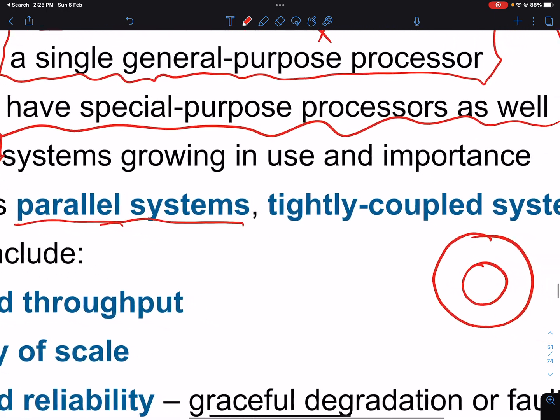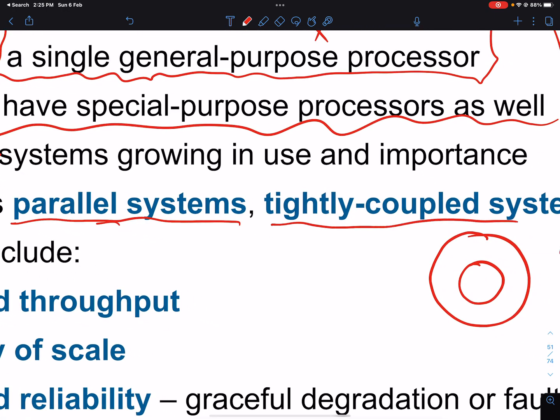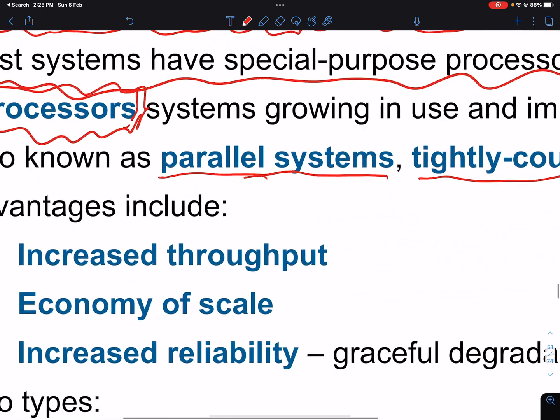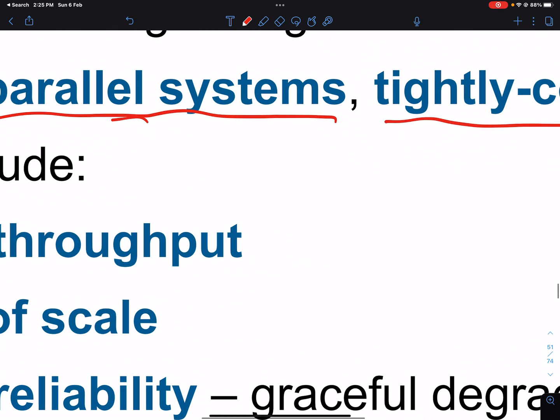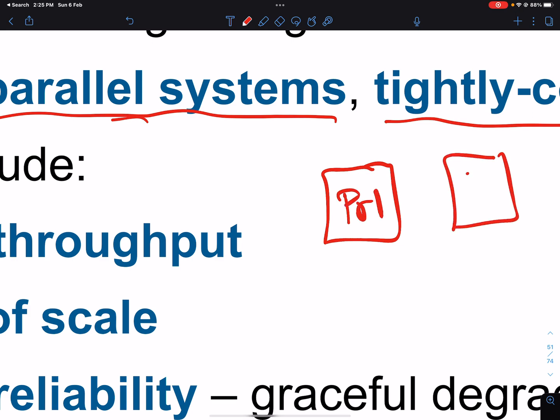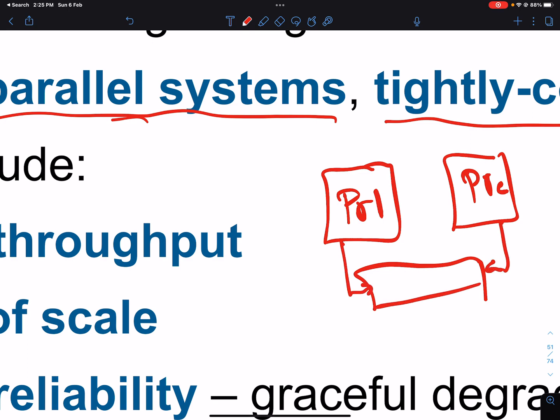Okay, and then tightly coupled systems. What does it mean to be tightly coupled? It means that the two processors have shared memory together. That's tightly coupled.